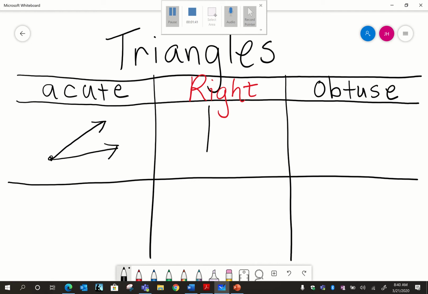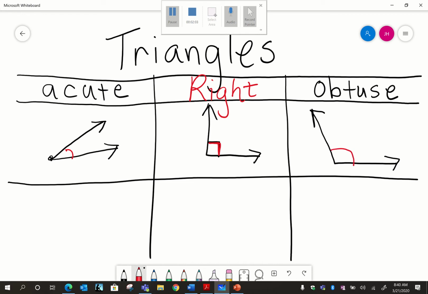The right angle is exactly 90 degrees, and it always has this little mark here. I'll do it in red, since that's how they usually show it. And the obtuse is wider than 90 degrees.